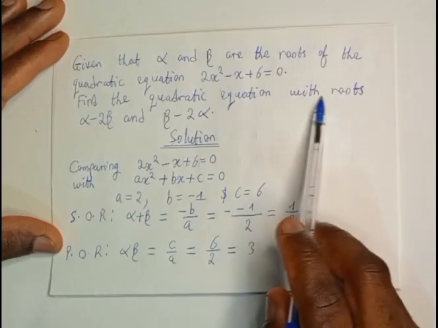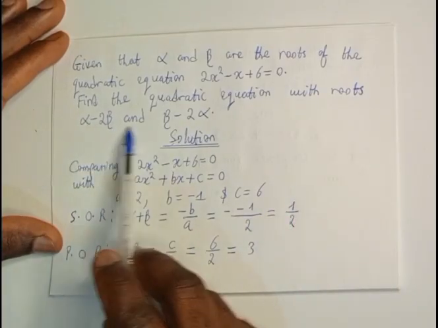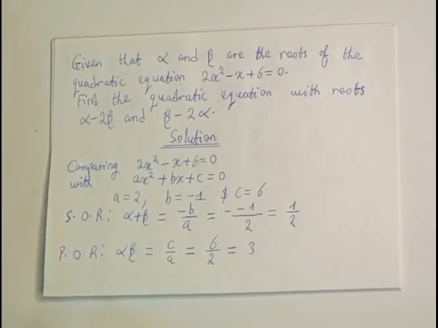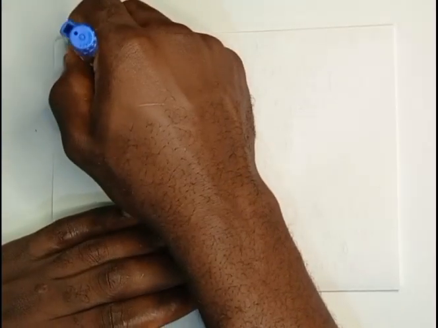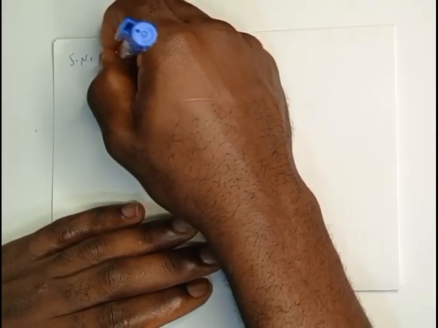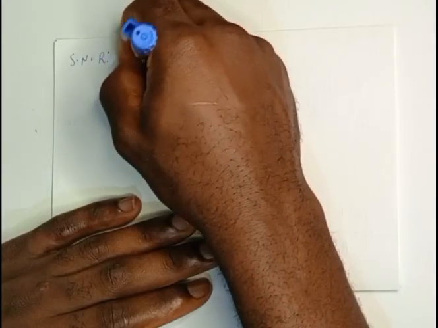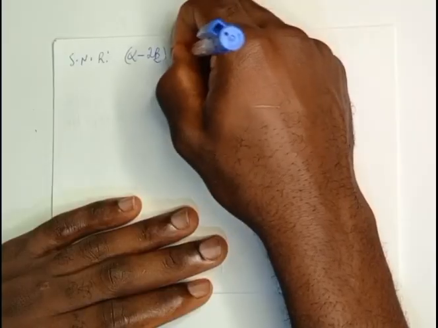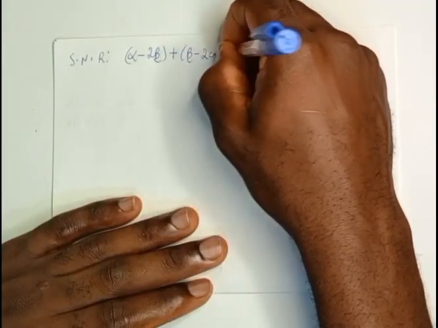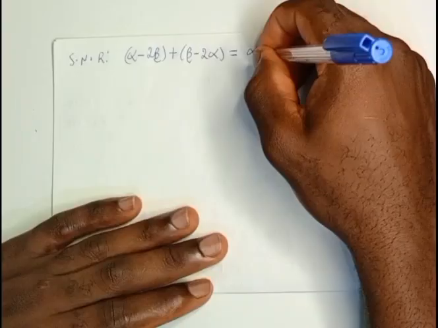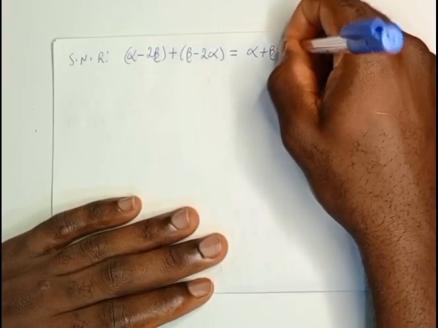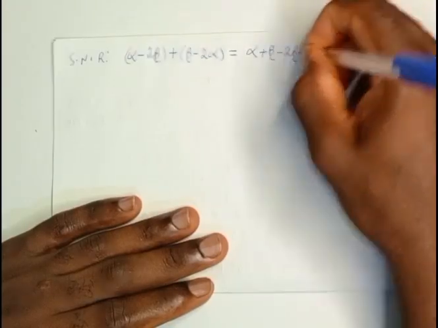We have to find the quadratic equation with roots alpha minus 2 beta and beta minus 2 alpha. We are going to start by finding the sum of new roots and the product of new roots. The sum of new roots, which is abbreviated SNR, we have alpha minus 2 beta plus beta minus 2 alpha, and this will be equal to alpha plus beta minus 2 beta minus 2 alpha.